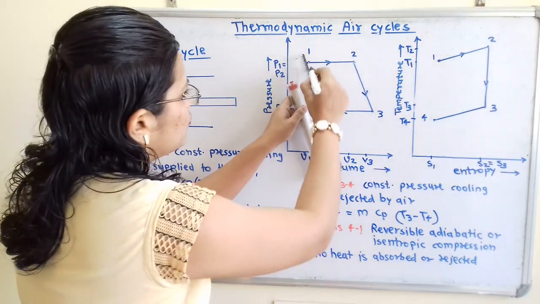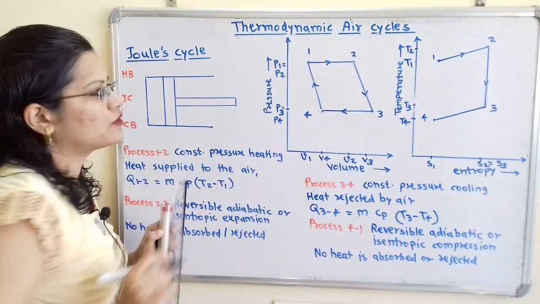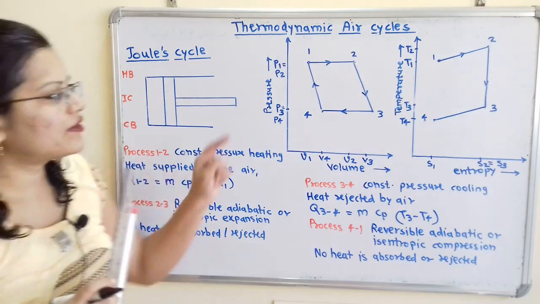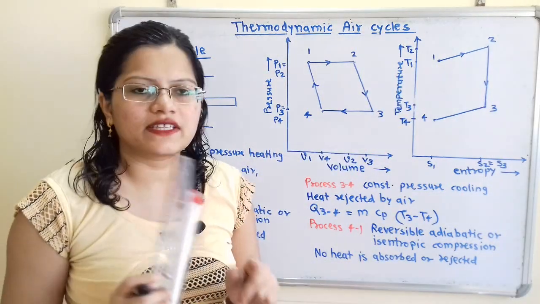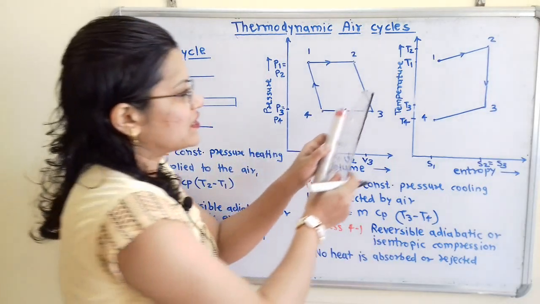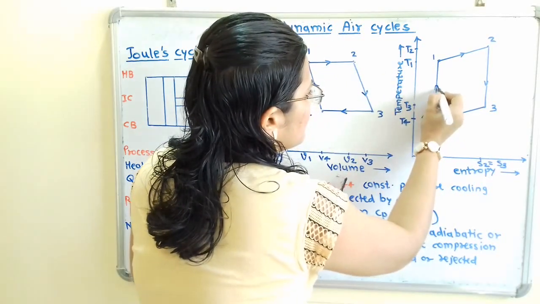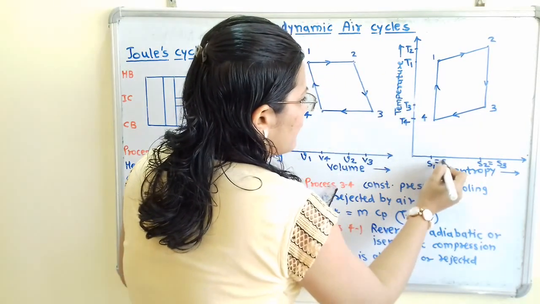So I will join these 2 points and I will show arrow also. So here is this process. Now here for temperature, we have to show increase in temperature but constant entropy. So we have to draw a straight vertical line. And here S1 is equal to S4.